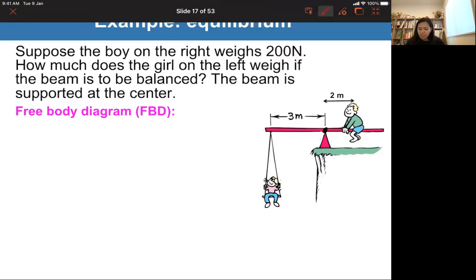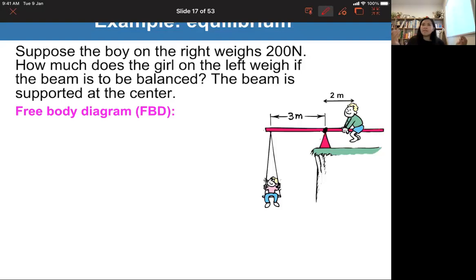The problem says, how much does the girl on the left weigh if the beam is to be balanced? So we want to balance the beam. The beam experiences many forces: it has its own weight force downwards, it's supported by this support so it has a normal force, and the boy and the girl are exerting forces on it.